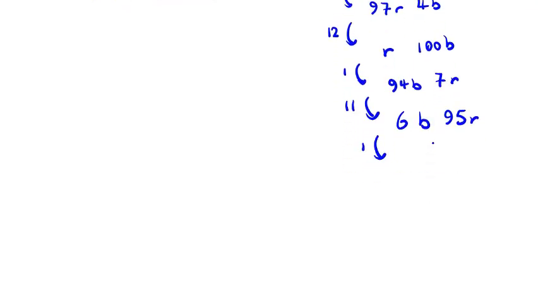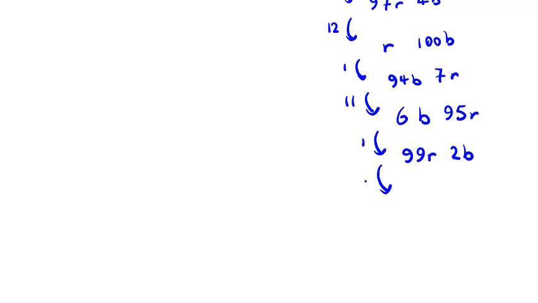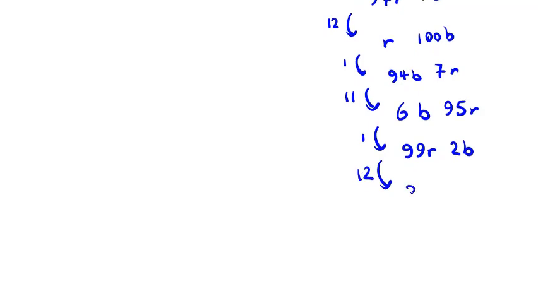And then in one step, you change 6B to R, and here 2R to 2B, and 99R. Then in 12 steps, you have 3R, subtract 96 from these. And then you have 3R.